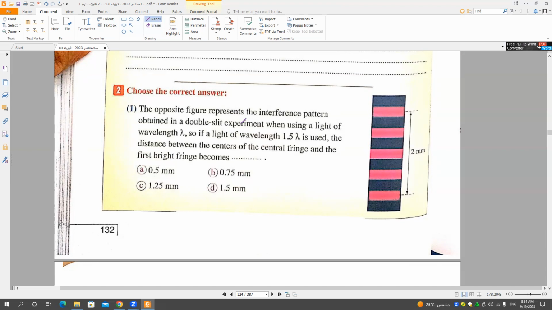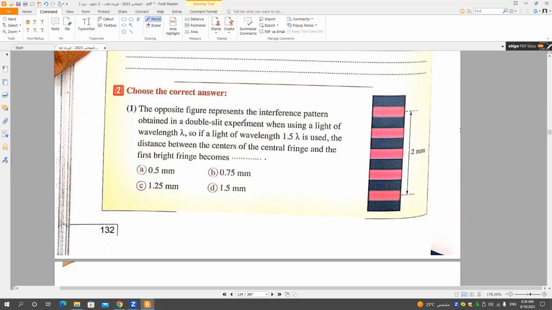In the opposite figure, the interference pattern obtained in a double slit experiment is shown when using light of wavelength lambda. If light of wavelength equal to 1.5 lambda is used, the distance between the center of the central ring and the first bright ring will equal what?